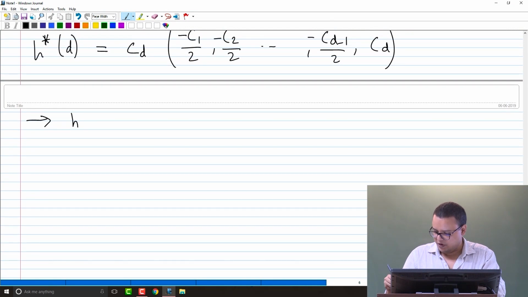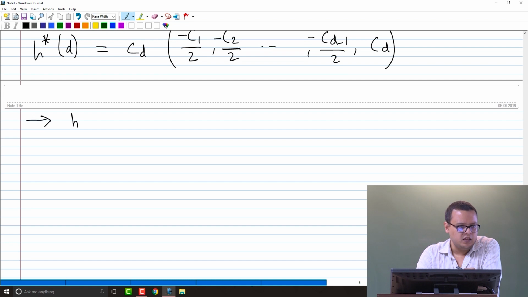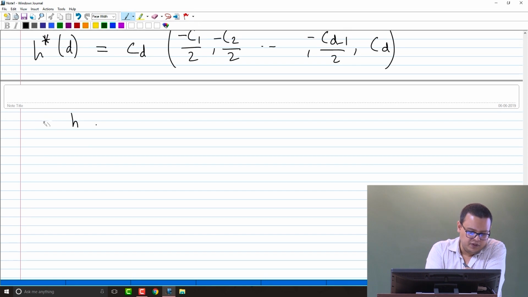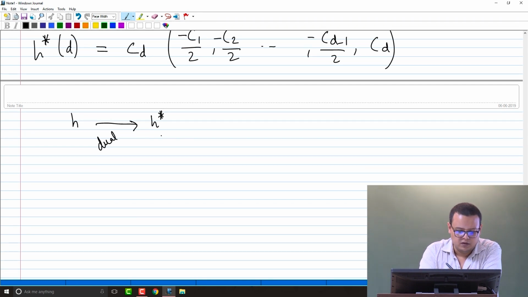The theorem we will be proving now, but let us prove some simple things about this. So, let us start with a non-vertical hyperplane. We start with this, I take the dual, I get H star, which is a point in R^d.